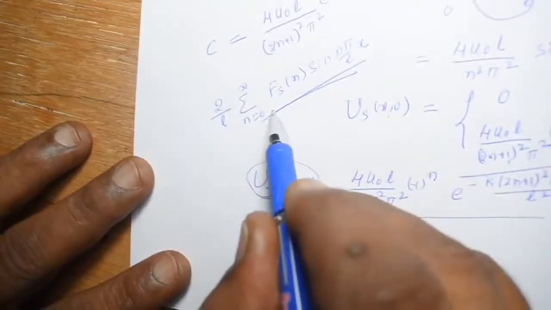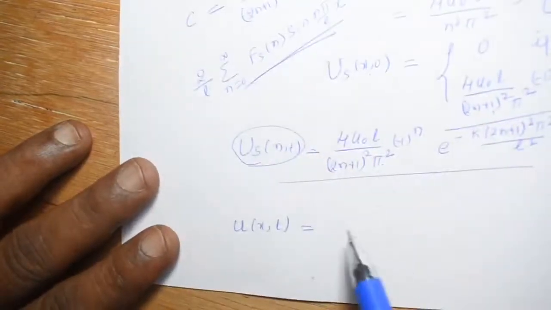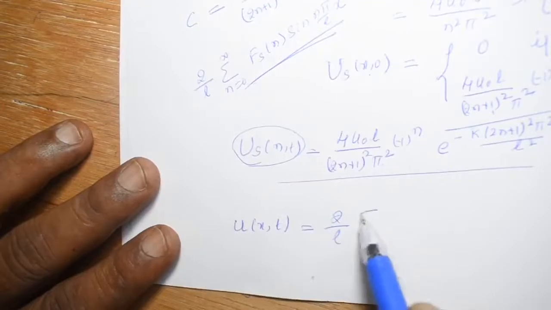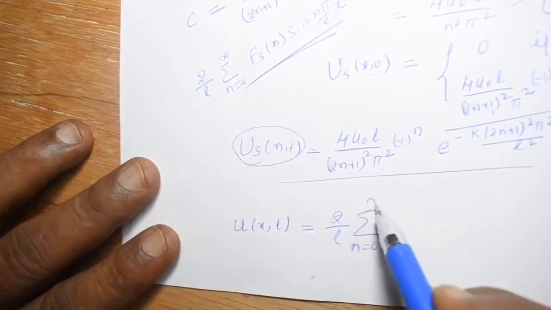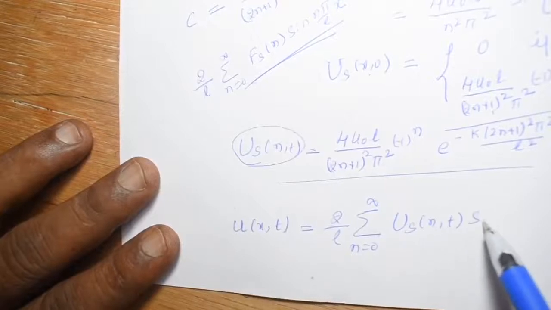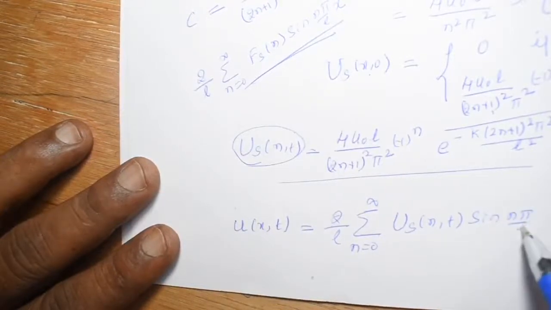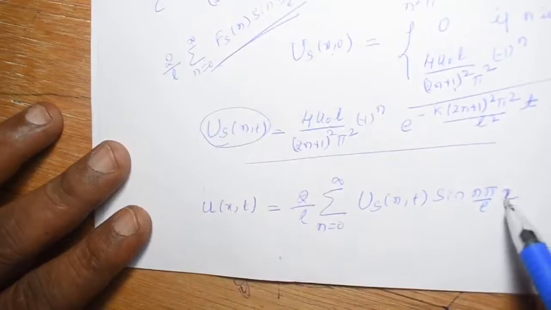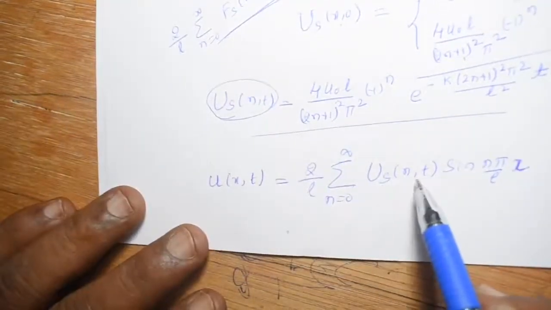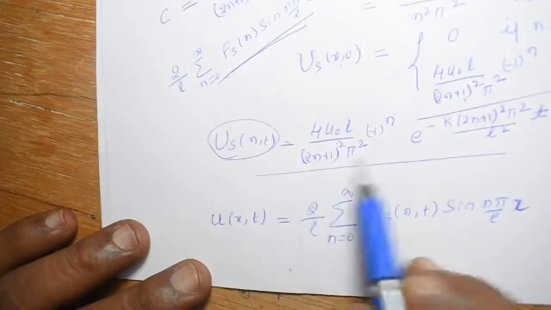So using this one in this expression, you are going to write 2 by L into summation n is equal to 0 to infinity U_s of n comma t into sin (n pi by L) into x. This will become the inverse transformation. But what about your U_s of n comma t? It is nothing but this total term.